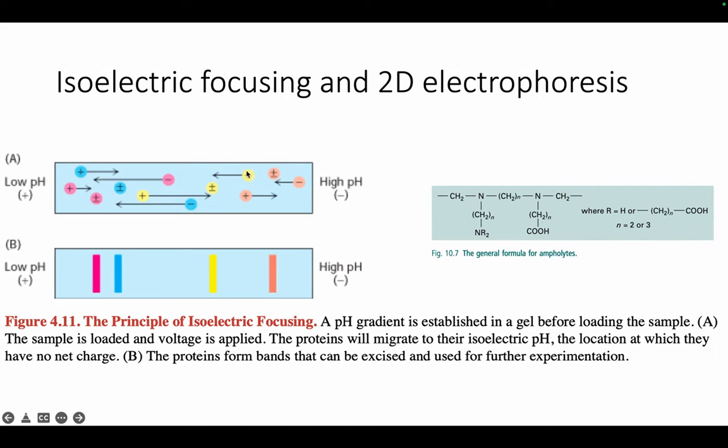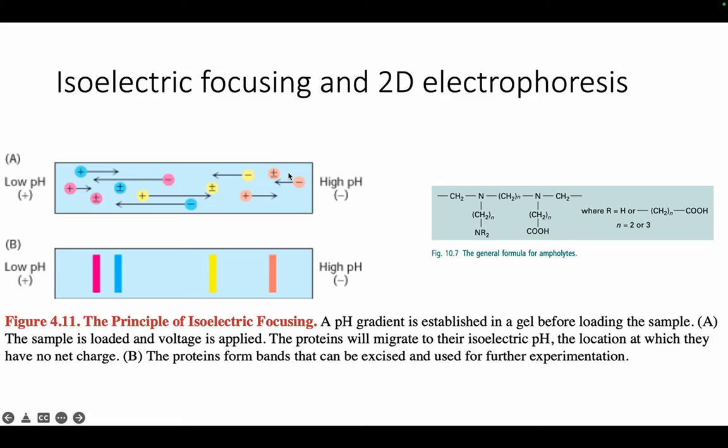And when it is over here, it is negatively charged, so it will move in this direction until it reaches a pH where it has overall charge 0, right? And now there is no longer any electromotive force acting on this protein, so it will stay over here, right? So it will stay at this pH which is equal to its pI. So in this way we can separate the protein mixture. Okay, this is the process called isoelectric focusing.